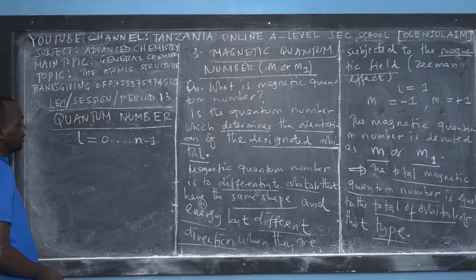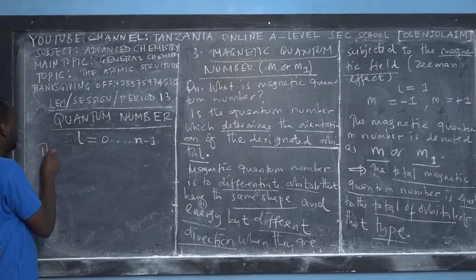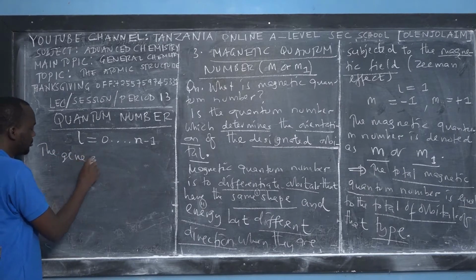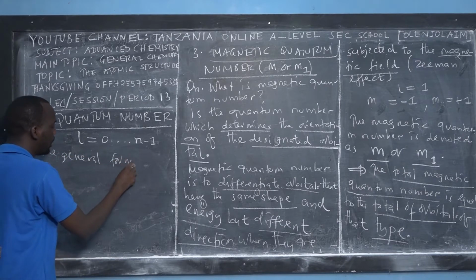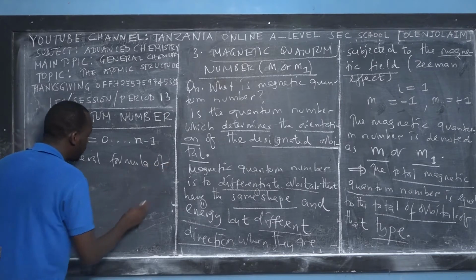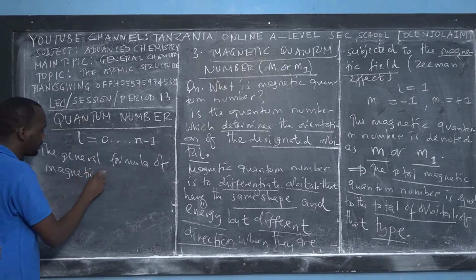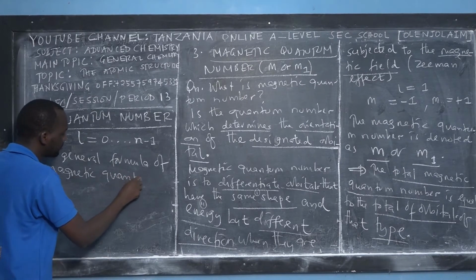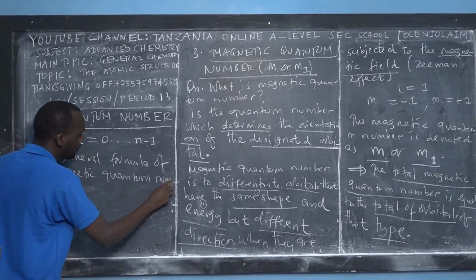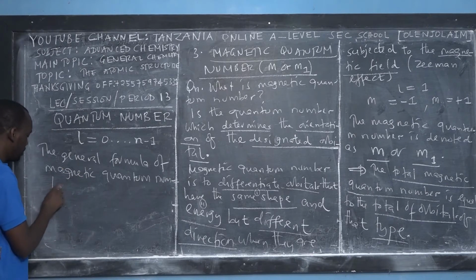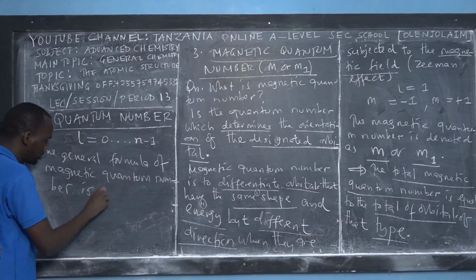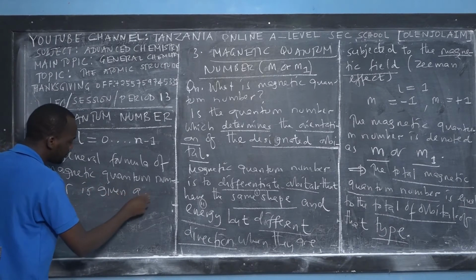So then we say that the general formula of the magnetic quantum number is given as this.